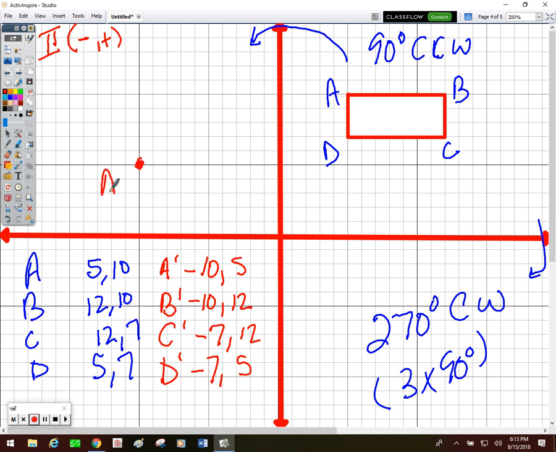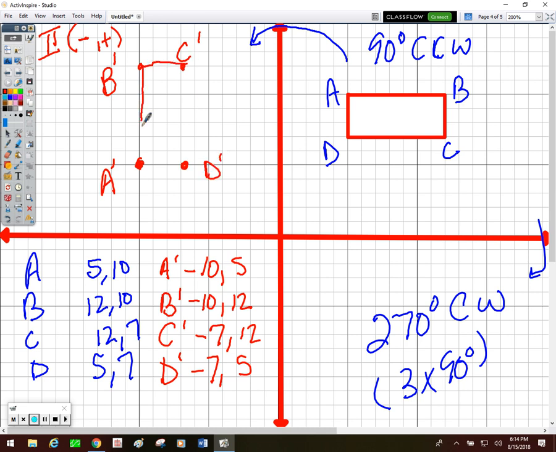There's A prime. B is negative 10, up 12. There's B prime. C, negative 7, positive 12, which is way up here. And then D is negative 7, 5, which is right here.